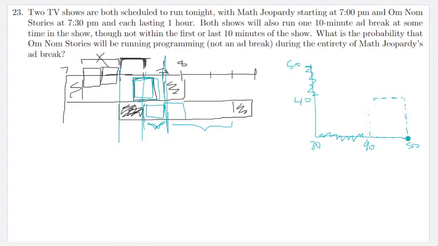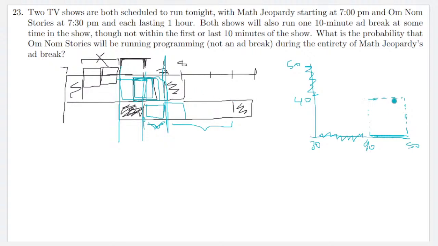What's the probability here? Well, let's think. If Math Jeopardy's ad break starts at 30, so here, it will never intersect, right? So it'll always be good. So everything here is all good. But in contrast, if it starts at 40, it's certainly going to intersect with Om Nom Stories' ad break, which is bad.